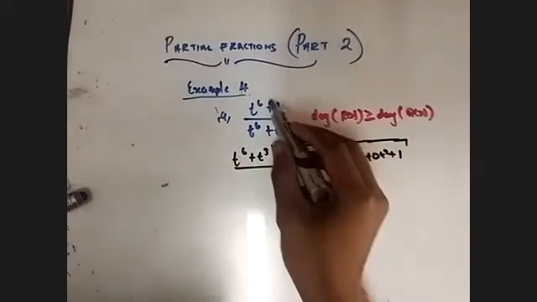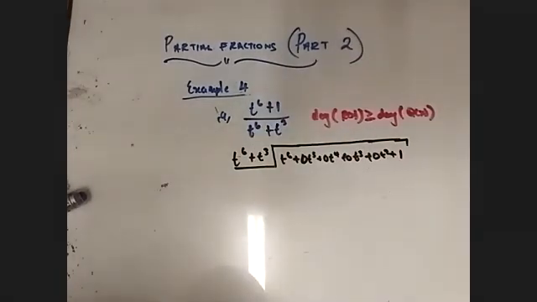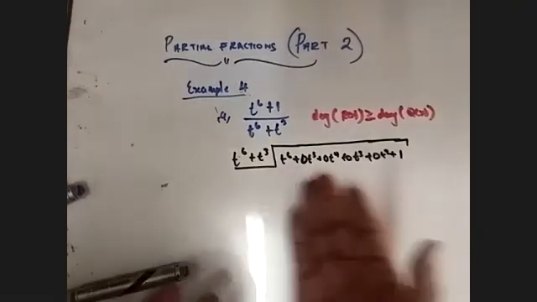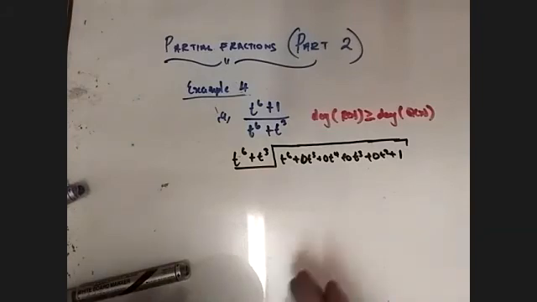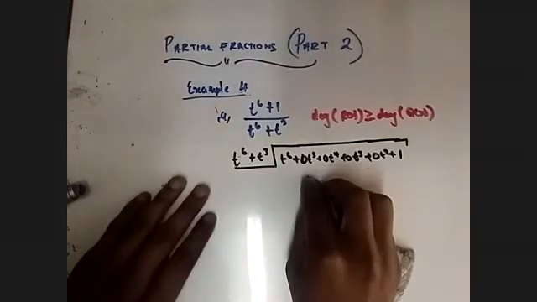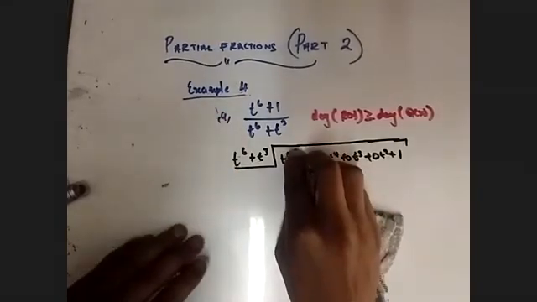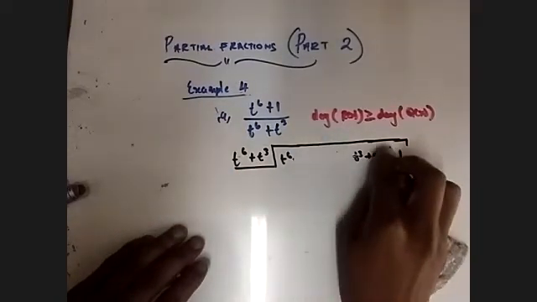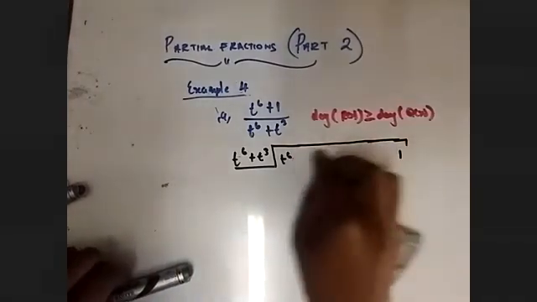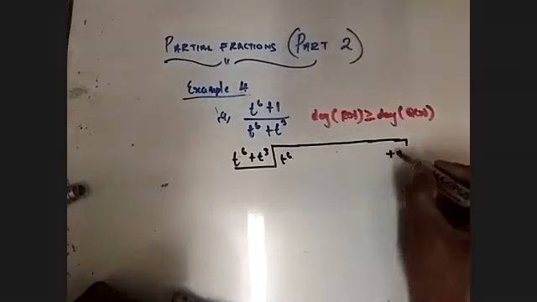But me personally, I don't see why we should do that, because we know that these ones do not exist. So might as well just write this as t to the 6 plus 1, because everything else is just 0.